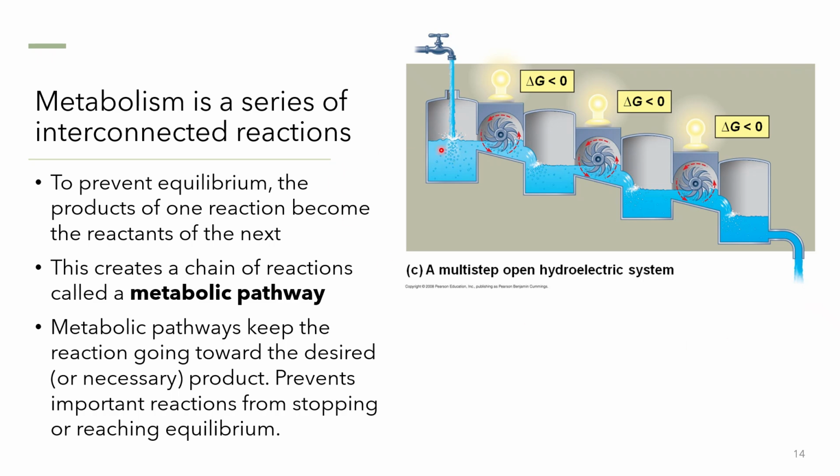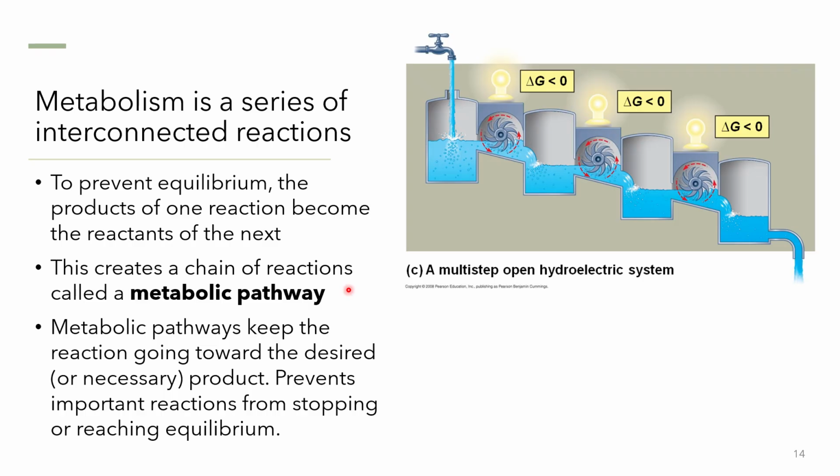And we don't end up with too little on the other side because we have a constant intake. So this whole process here of being an open system and breaking down larger reactions into smaller reactions, many different smaller reactions, is basically called a metabolic pathway.